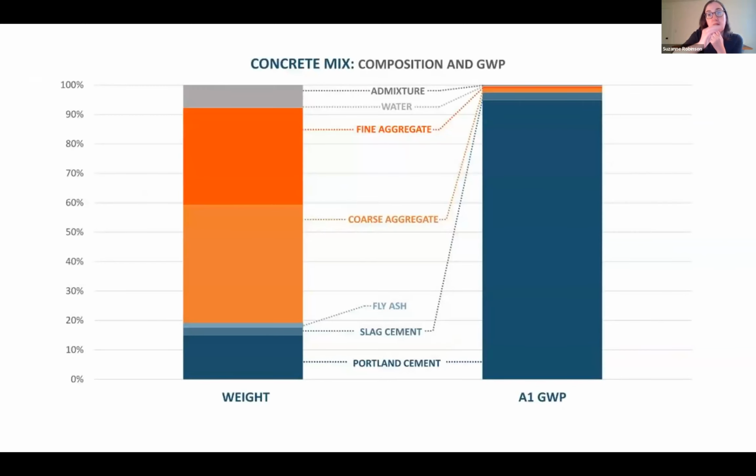So if we look at it by weight of what's in your concrete mix, in this example, coarse aggregate is by far the largest component. But if you look at the impact of just the extraction of the materials, it's the Portland cement that by far outweighs the other impacts.